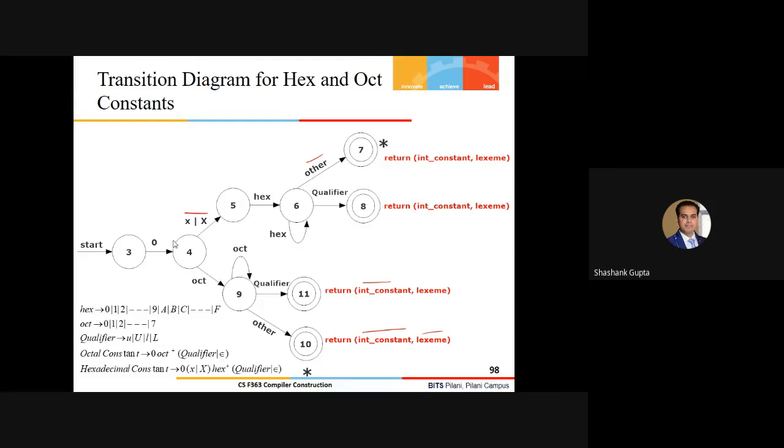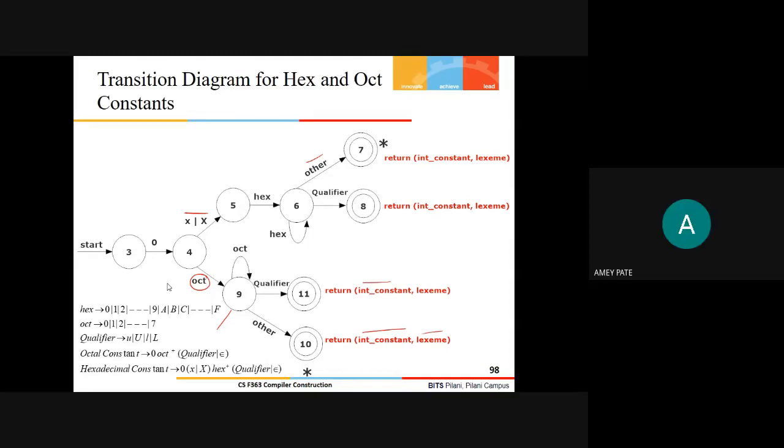So we have to take care of the lexical errors in that case. So let's separate the path completely, and if any other symbol comes, say after the first 0, I am getting any other digit apart from an octal digit, I'll simply indicate it as a lexical error. So we may or may not, but we have to handle the lexical errors in that case. Did I answer your question?